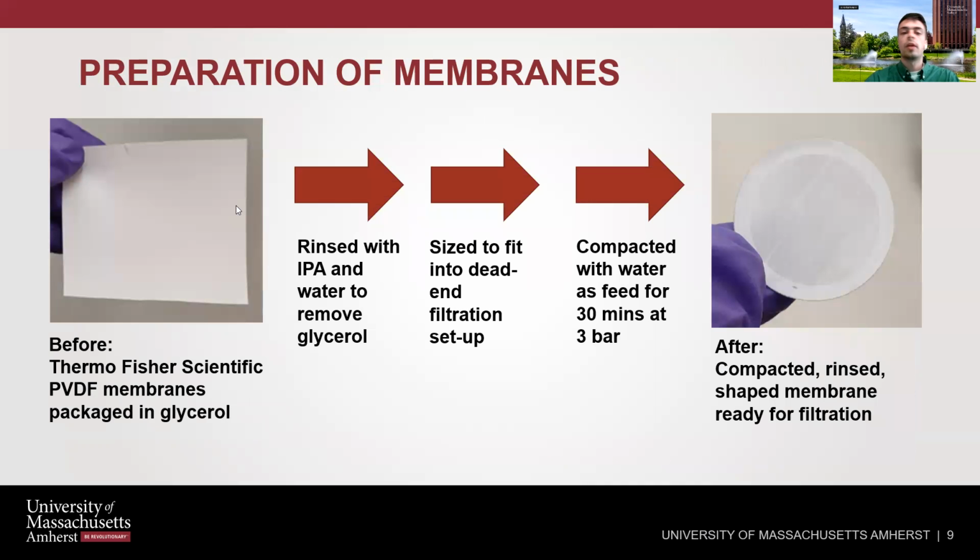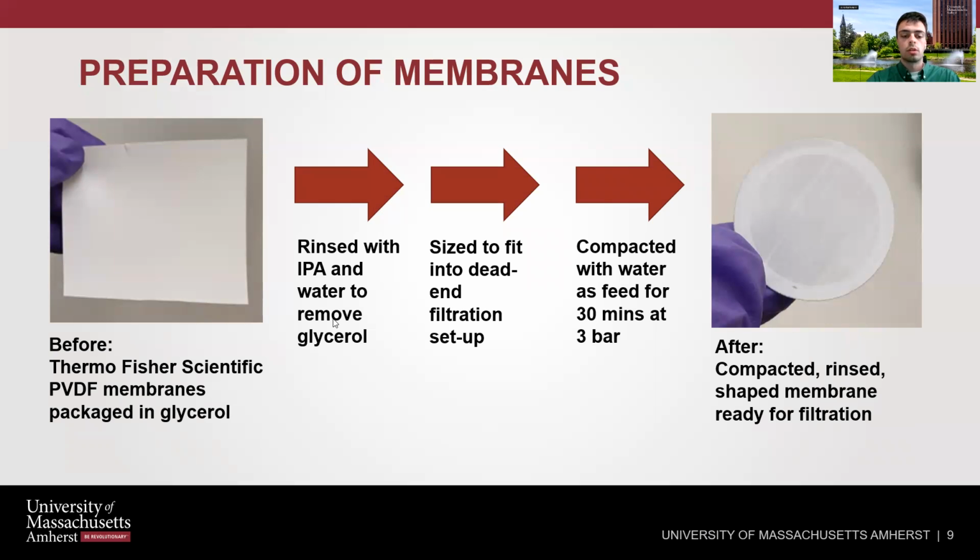So how do we prepare a membrane for filtration? To start, we use Thermo Fisher Scientific PVDF membranes packaged in rolls soaked in glycerol. We first begin by placing the membrane in isopropyl alcohol for 30 minutes, then rinse 3 times with deionized water and place the membrane in water for 24 hours.